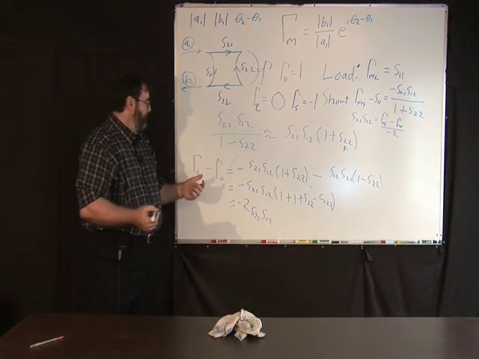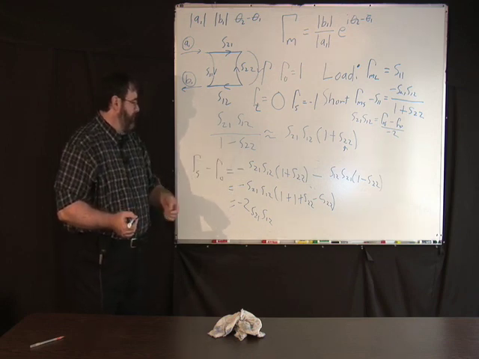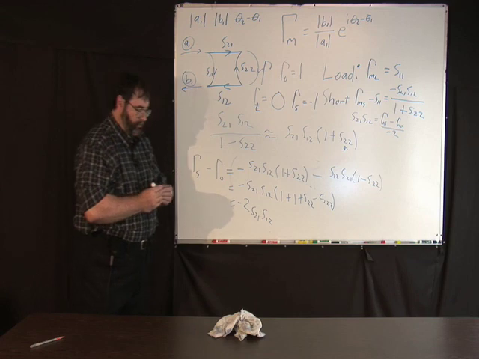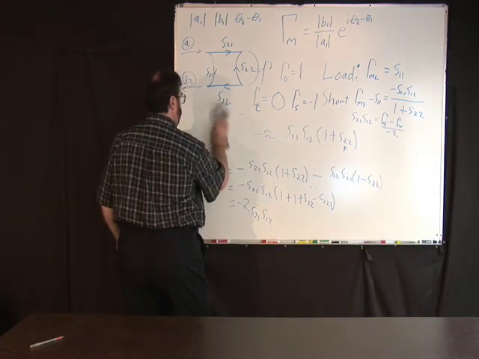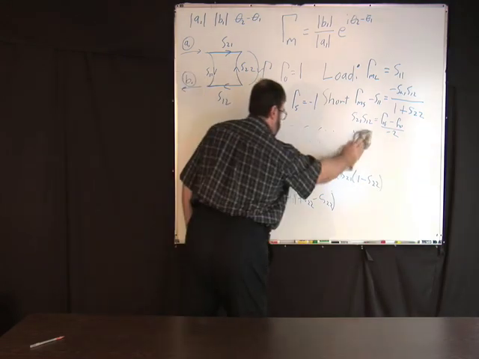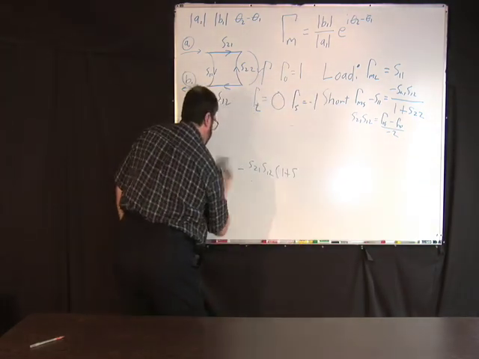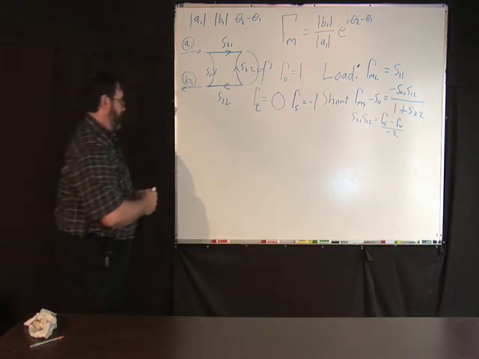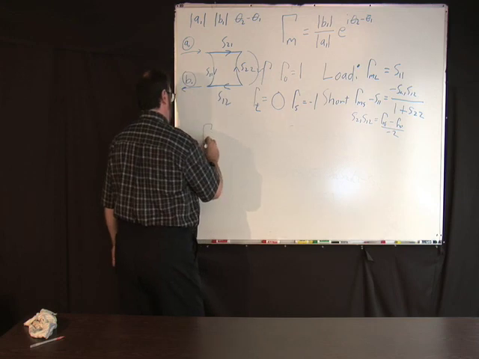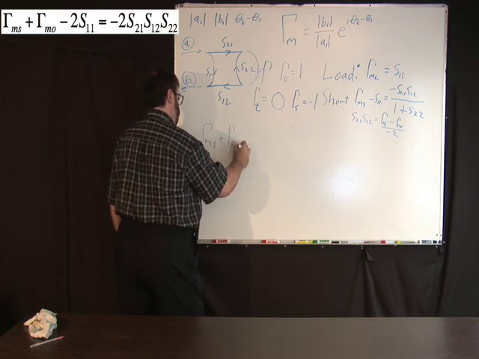Well, what happens if you add them together? Well, you get something like, that's where you can get the S22 term, although it's probably not the best way of doing it. And I emphasize this is just one way of doing it. There are other ways. So now you look at gamma measured short plus gamma measured open.